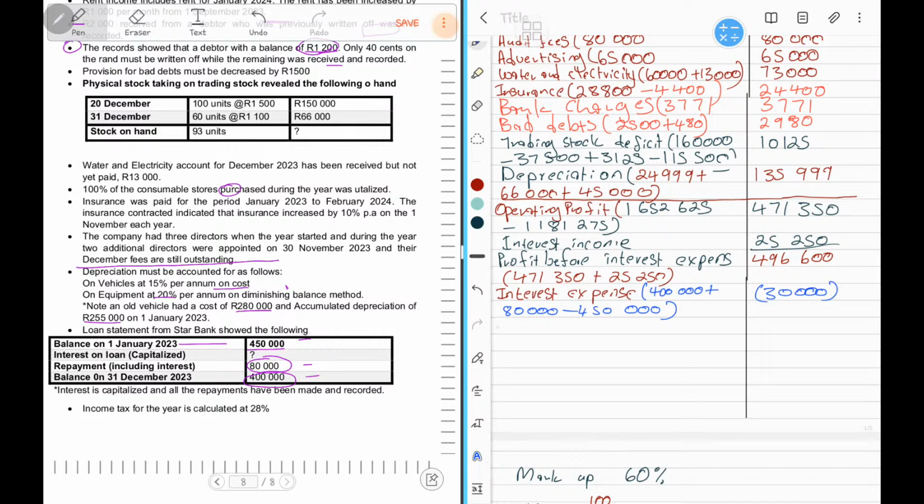Okay, so now we'll find the net profit before tax. To find the net profit before tax, we're going to say profit before interest expense, then we subtract the interest expense, so it will be 496,600, then we subtract the 30,000.